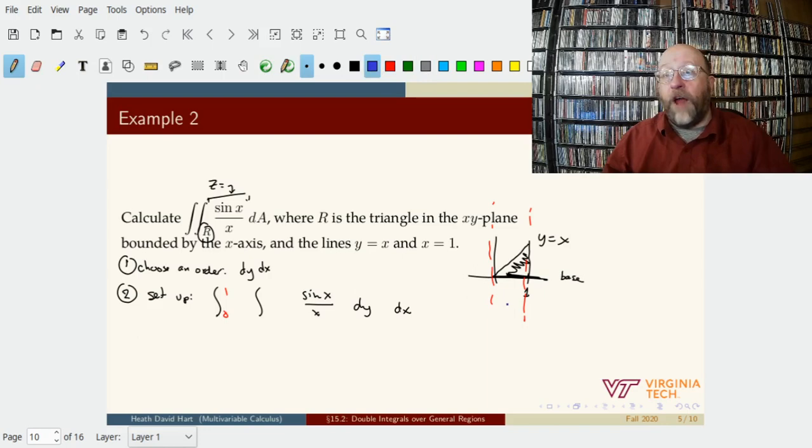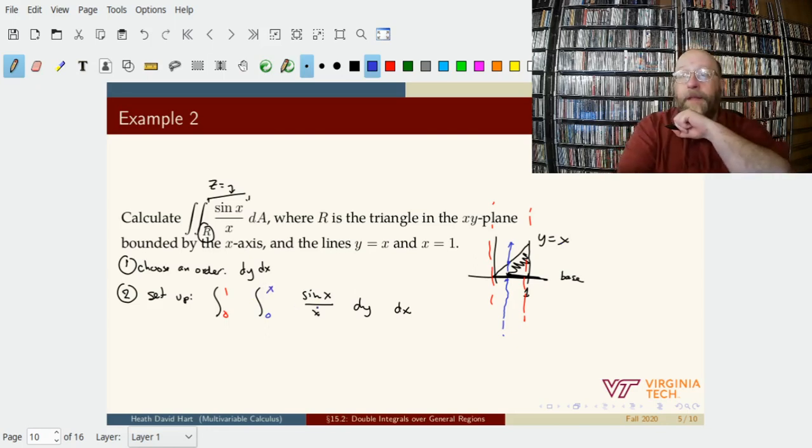In the y direction, we pick an arrow that's traveling between 0 and 1 in the y direction and see where we enter the shape. We enter the shape right here on the x-axis, which is y equals 0, and we leave the shape along this diagonal edge, which is y equals x. Okay. Traveling in the y direction, the lower boundary is y equals 0, the upper boundary is y equals x.